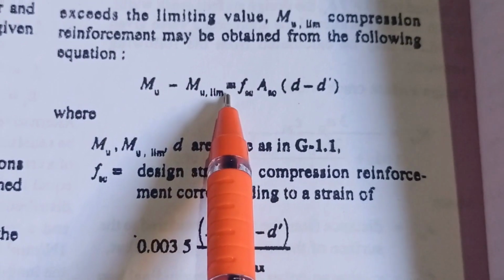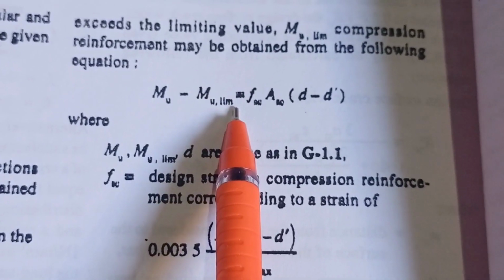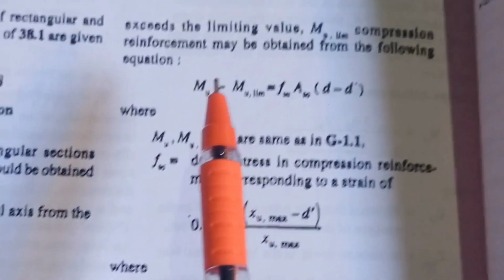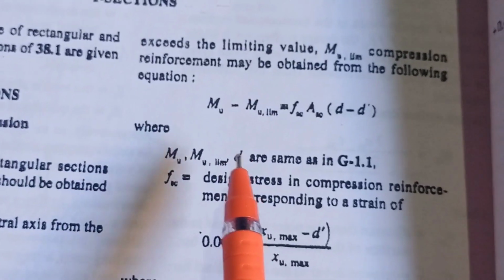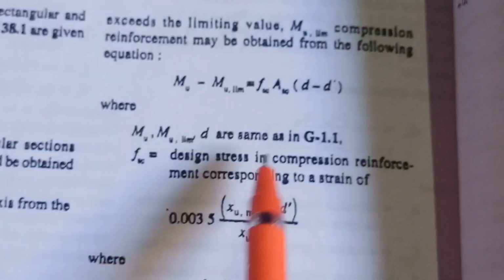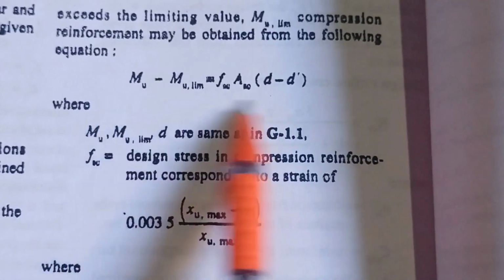So by using this formula we'll calculate the compression reinforcement. When our Mu value is greater than the Mu limit value, we need to calculate the area of compression reinforcement by using this formula.